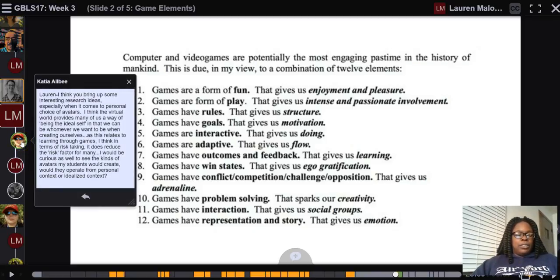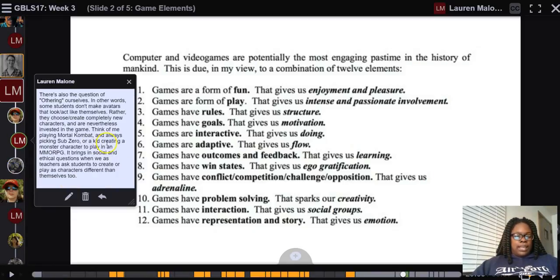But for this one, it was also easier to go more in depth because of the response I got from Albie. So when she talks about a few different risk factors and context, it was easier to build on that and think about context in terms of othering ourselves and how we create avatars.